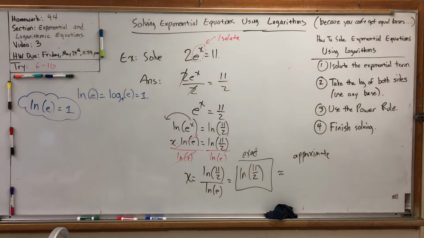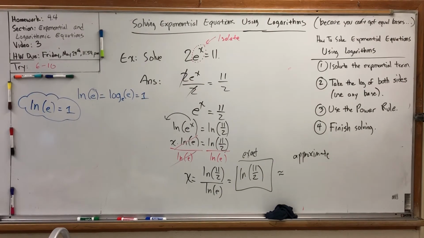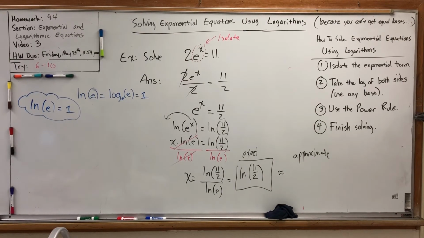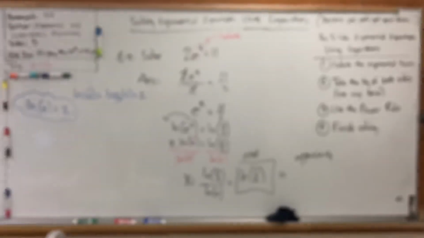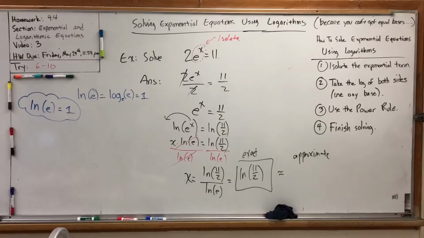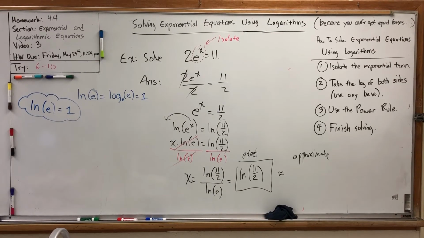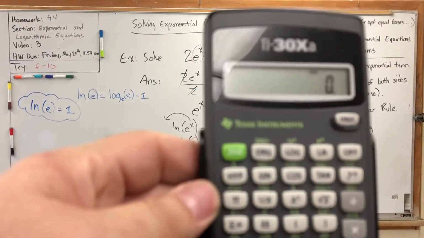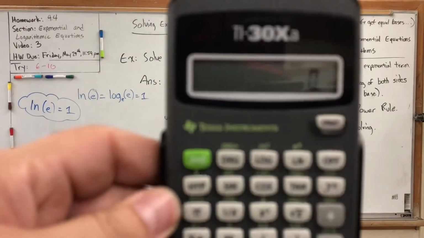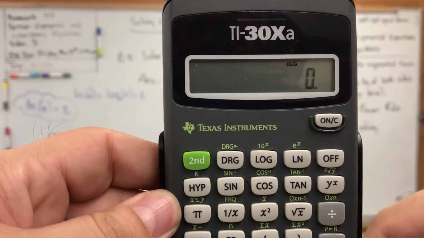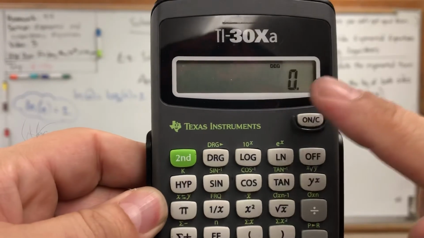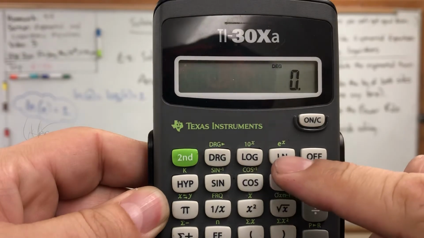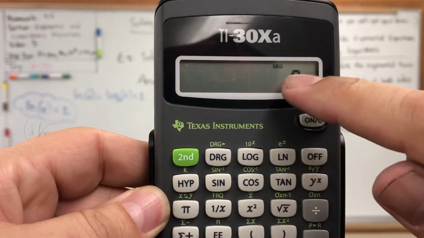I'm not going to put the calculator in front of the screen. Actually, I will. But I'm going to put the one-line calculator because the display calculators, you can see the problem, and as long as it looks like natural log of 11 over 2 in parentheses, you're good. But it's worth telling you how to do this one in a one-line calculator. Remember, in a one-line calculator, it will calculate the natural log of whatever is parked here.